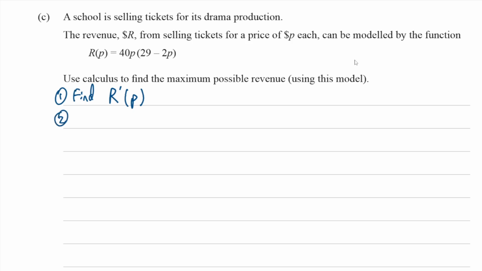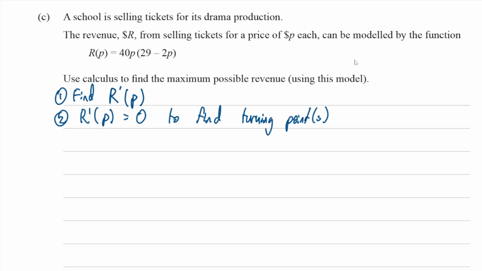We want to do that so that we can set that equal to 0 to find the turning point. The gradient at a turning point, so a maximum or a minimum, is 0. So if we have the gradient function, we set it equal to 0, we can find out the price that corresponds to the maximum.